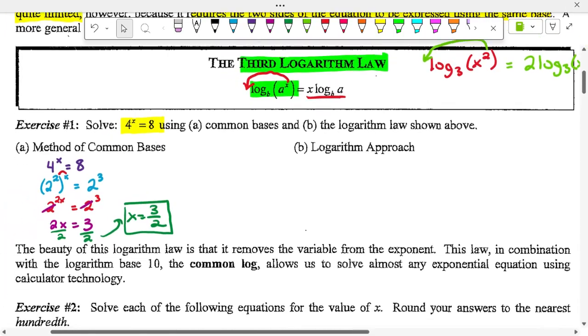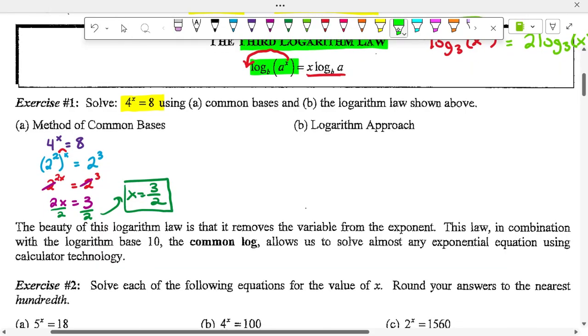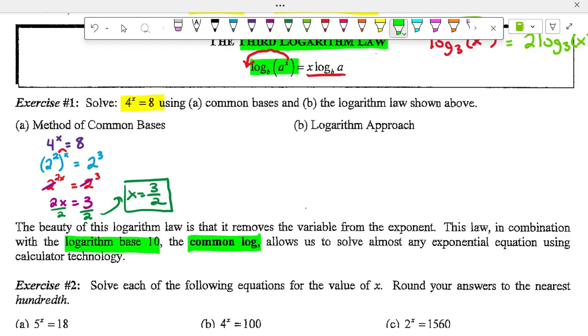Now, whenever we do the logarithm approach, the log that we're going to use exclusively is the common log. Remember, the common log is a logarithm with a base of 10, and you just see it as log, and there's no little b value, so log of x.